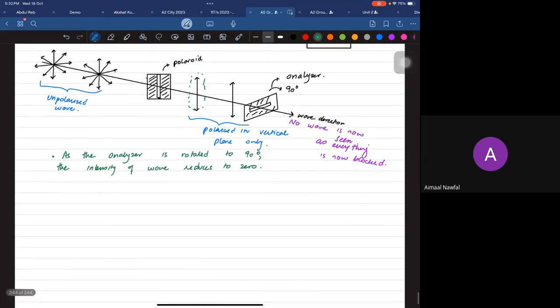Now the thing is that we also want to know how to create a Polaroid. It's pretty easy. It is made up of a transparent polymer material.